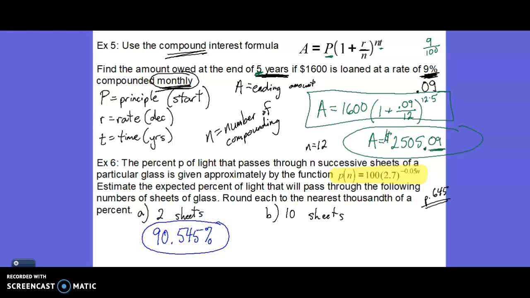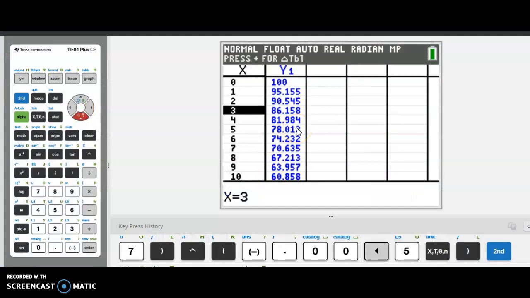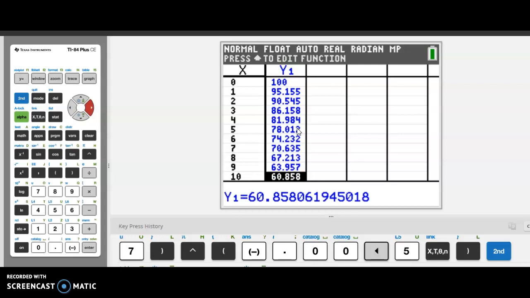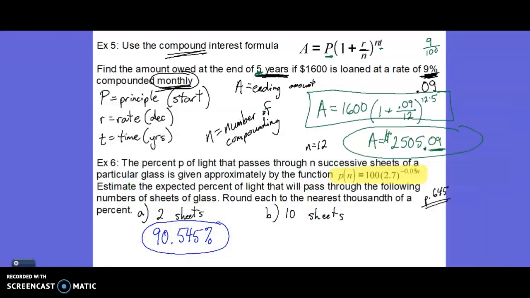And then at 10 sheets, so instead of having to go back through and plugging in all of the numbers again, I can just go to the table and see that it's 60.858. And you can even see here, I ask you for the nearest thousandth.